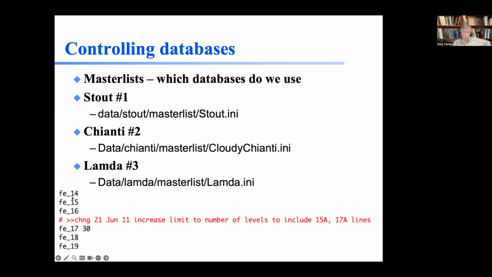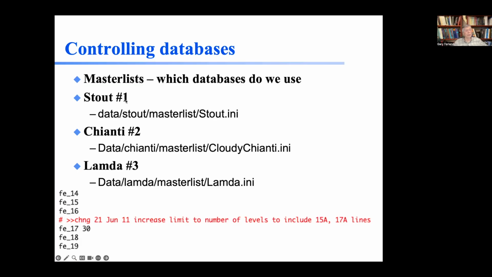We use Chianti for iron quite a bit. And here's a comment in the master list. And here's iron 17. We change the default number of levels by adding a level. So that means without changing anything, if you're on Cloudy, it's going to use 30 levels for iron 17, not the default we just said.